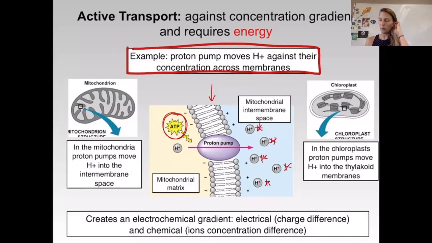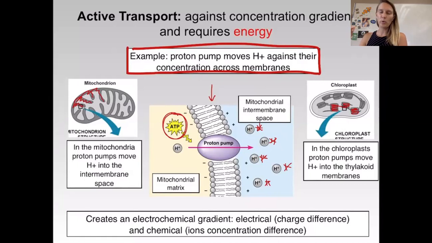All right. And what we're going to see is that in the mitochondria, we're going to see a gradient where hydrogens get pumped into this dark gray area, called the intermembrane space. And in the chloroplasts, we're going to pump hydrogens to create a gradient in those thylakoid membranes, those stacks of membranes, all right?